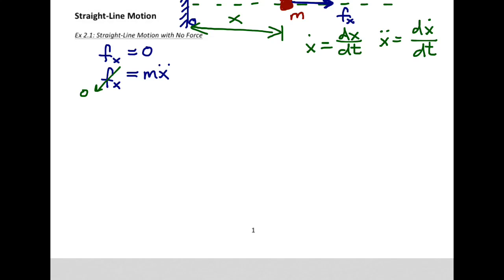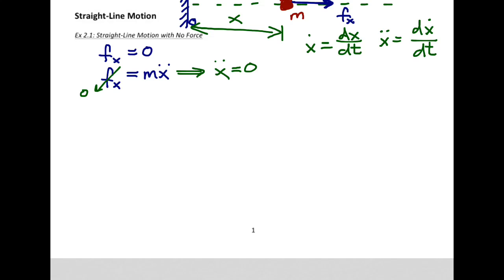What follows from that is that x double dot is equal to 0. So acceleration is going to be 0. Now this is our equation of motion. x double dot equal to 0 is our equation of motion. It's a second order differential equation.